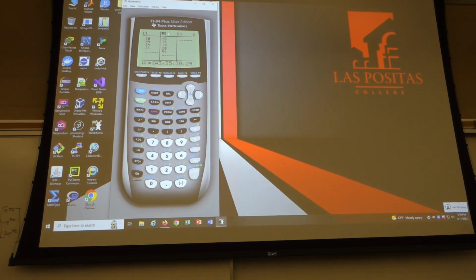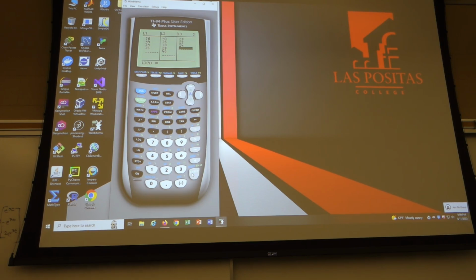Go up so you're actually on L1 or L2 itself, hit clear, which does nothing until you hit enter. Make sure your cursor is actually on the L1, and then type them in. And then double check and make sure that your data is correct.